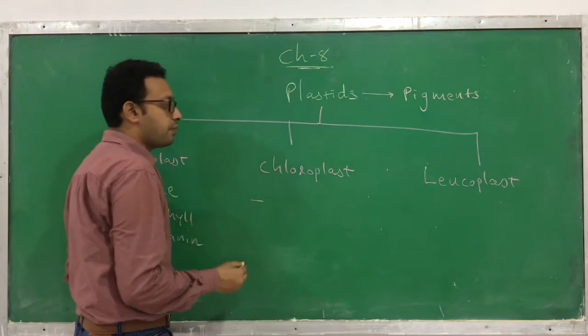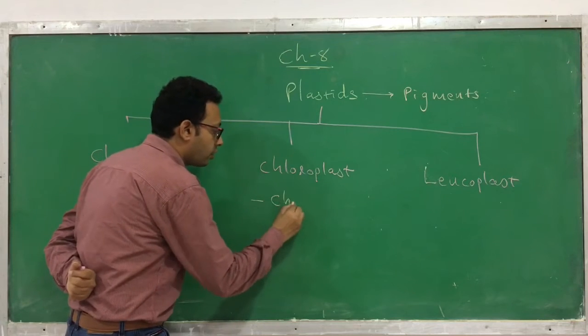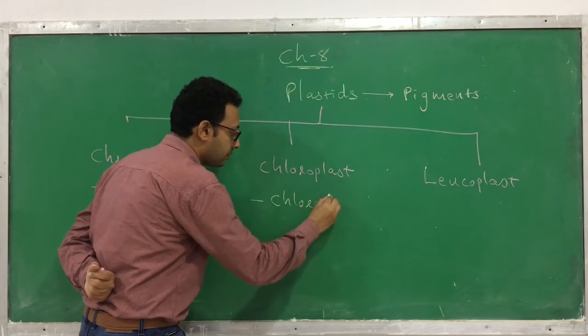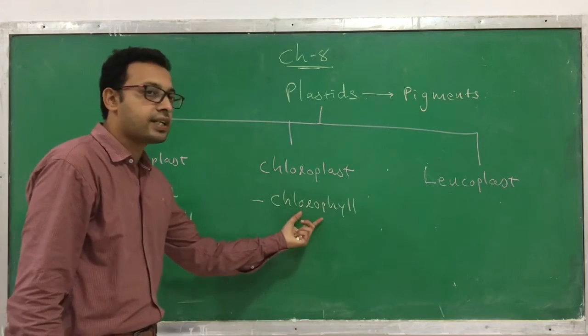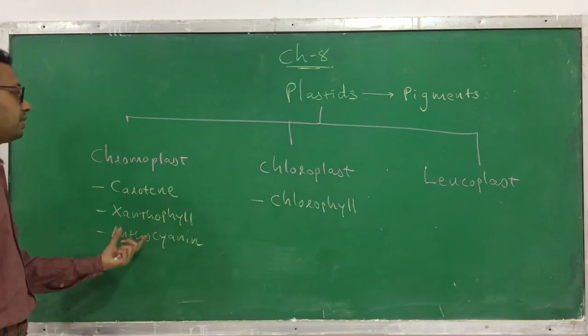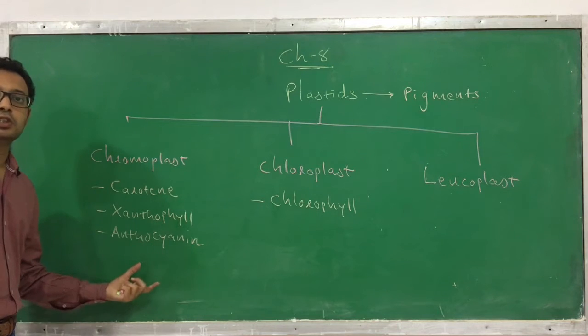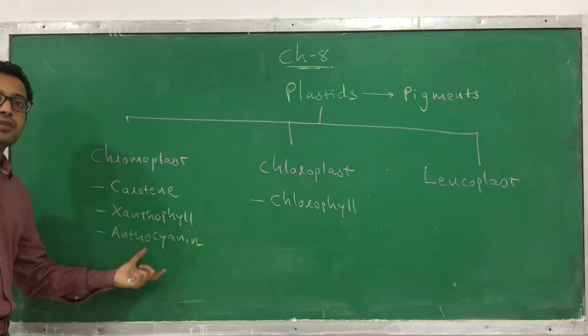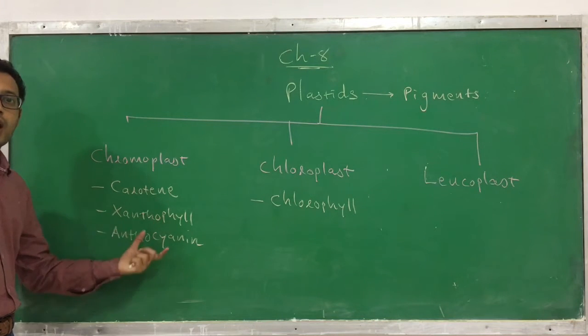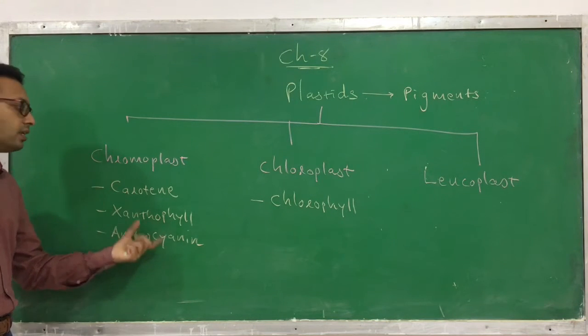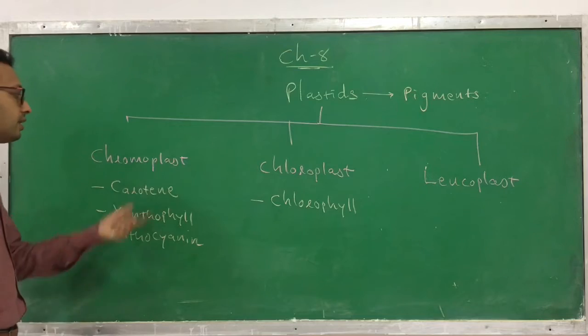Chloroplast also contains a pigment, which we call chlorophyll. This is responsible for photosynthesis and it gives a green color. Whereas the pigments present in chromoplast are responsible for giving color to flowers, fruits and seeds. The colors of flowers, fruits and seeds like white, yellow, orange, red are due to the presence of these pigments in a chromoplast.